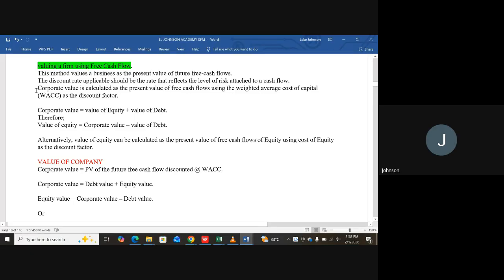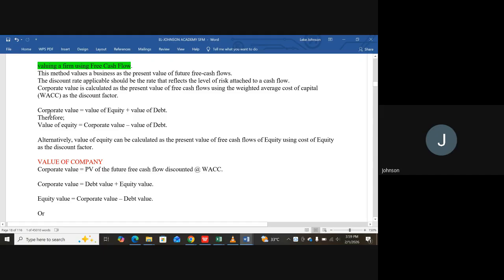Corporate value is calculated as the present value of free cash flows using the weighted average cost of capital, WACC, as the discount factor. So to get our corporate value, we say our value of equity plus the value of debt. That gives us our corporate value.